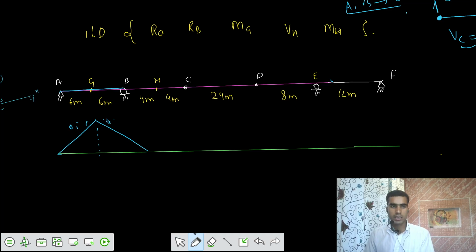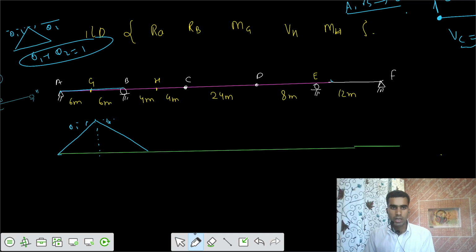So finally we can write that theta 1 plus theta 2 equals 1 unit. Once you rotated that, the ordinate here would be equal to AB by L, that is 6 into 6 by 12. That is 36 by 12, that's 3. A unit of 3 is here. Ordinate of 3 meter.